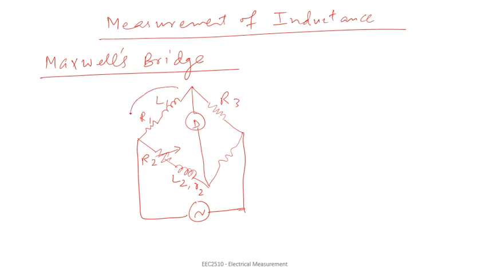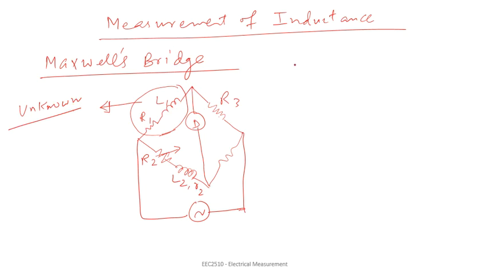Now this branch which you are seeing here is actually a form of a coil, and this inductance L1 has to be determined. So you can say that this is the unknown parameter which you have to evaluate. This inductance will also have certain resistance, so both things will come from here, L1 and R1.